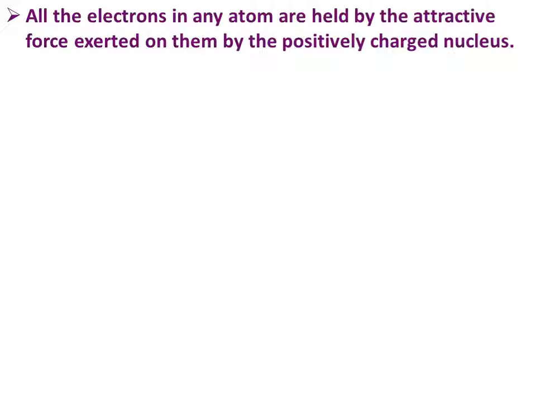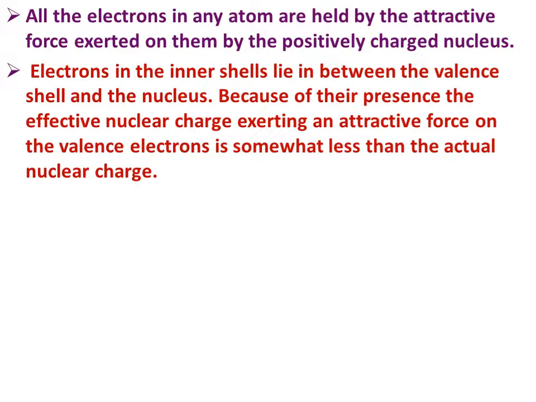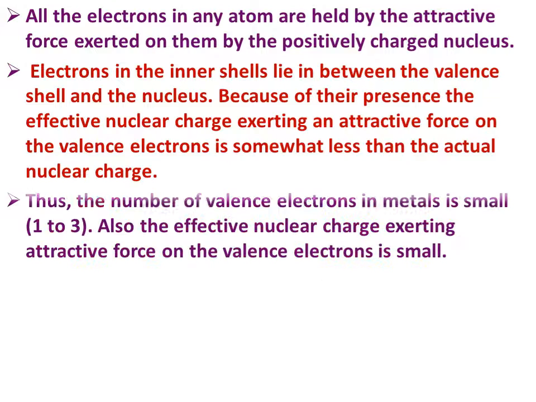All the electrons in any atom are held by the attractive force exerted on them by the positively charged nucleus. Electrons in the inner shells lie in between the valence shell and the nucleus. Because of their presence, the effective nuclear charge exerting an attractive force on the valence electron is somewhat less than the actual nuclear charge.